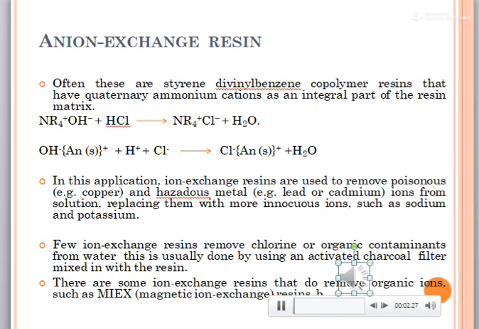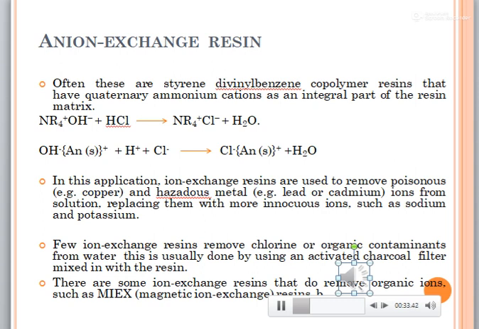Now the next step for water softening after cation exchange resins: anion exchange resins are used to remove the acidity of water. Often these are styrene divinylbenzene copolymer resins that have quaternary ammonium cations as an integral part of the resin. These resins remove the hydroxyl ion, that is, the exchange of anions.